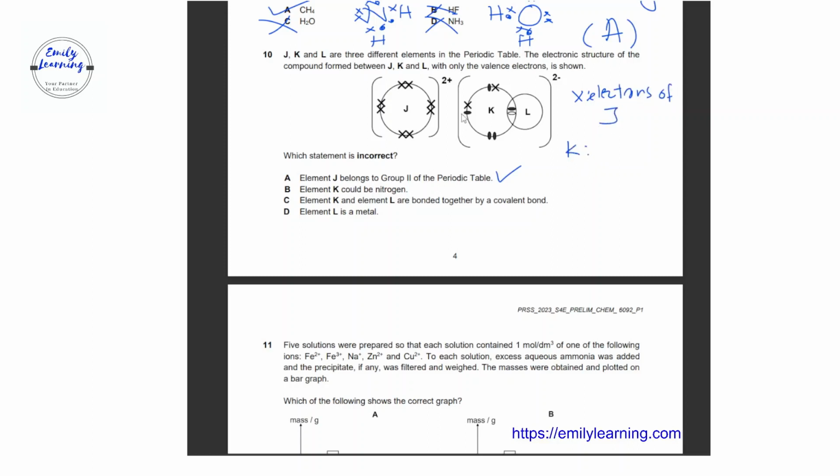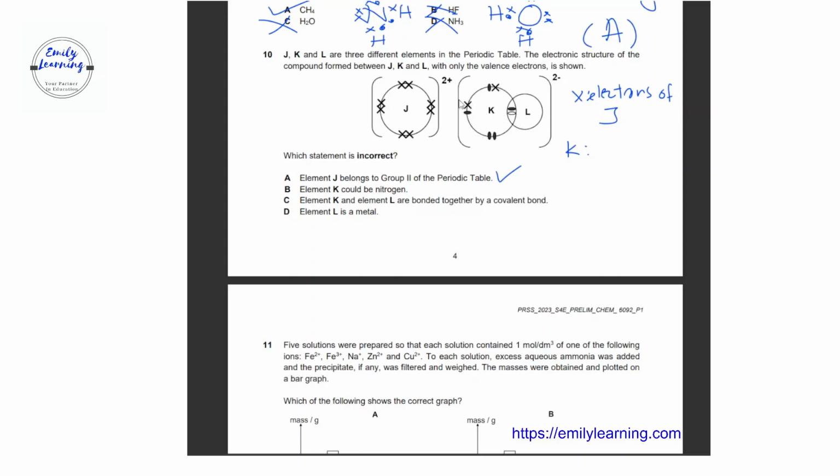Then for K, it is electrons. Let's not look at these two electrons, because one is from K and one is from L, so we can't tell whether it is the black oval that belongs to K or the white oval that belongs to K. So we look outside. You have both the black ovals and the cross.